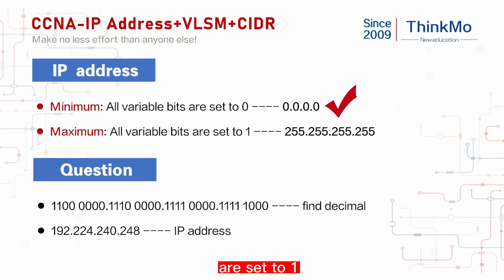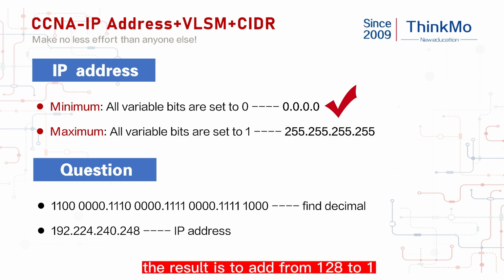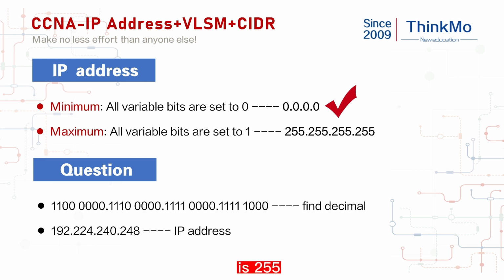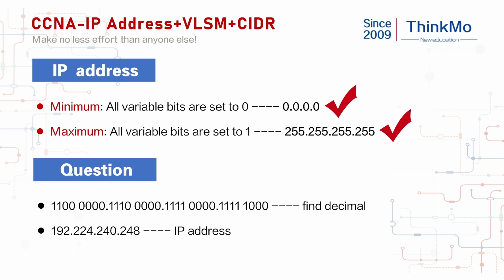The largest representation is when all binary digits are set to 1. So what is the result of my calculation? The result is to add from 128 down to 1, which is 255. Remember this number. 255.255.255.255. That is the final expression of the 32 bits, written in dotted decimal, four 255s.